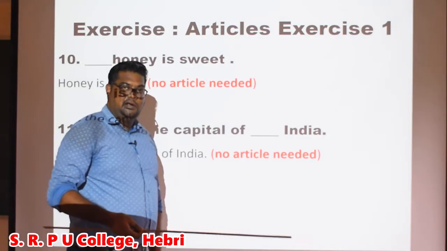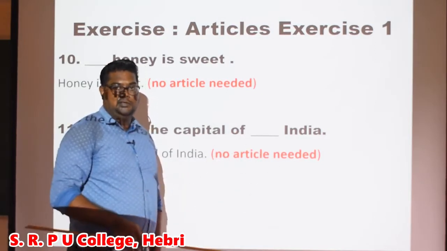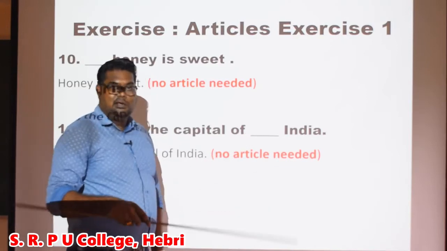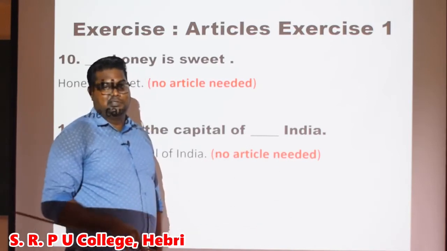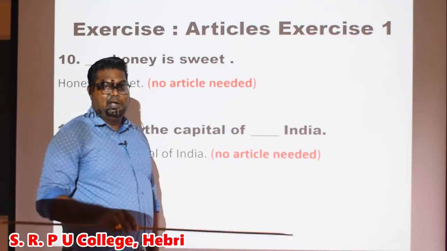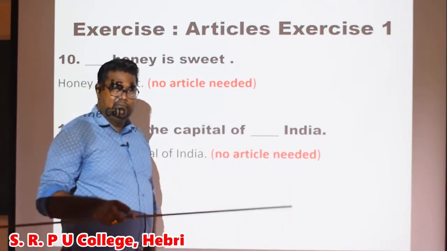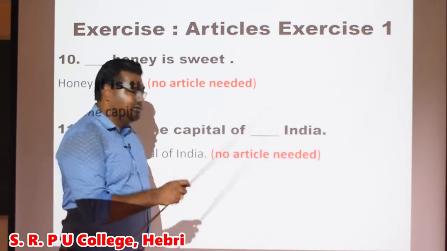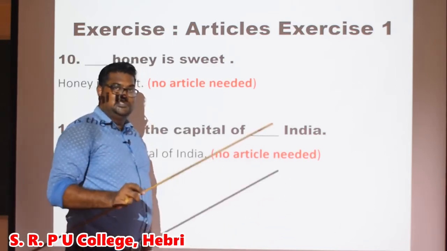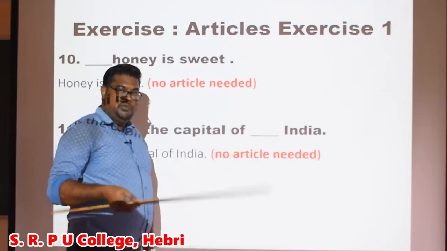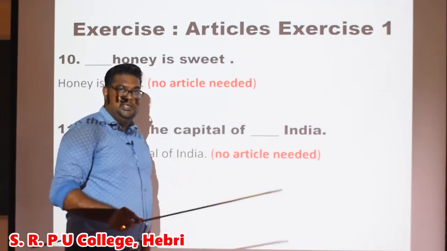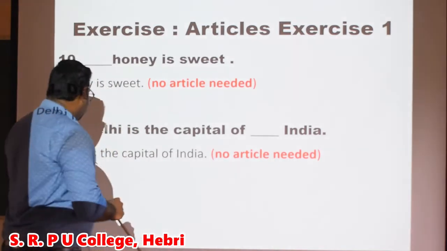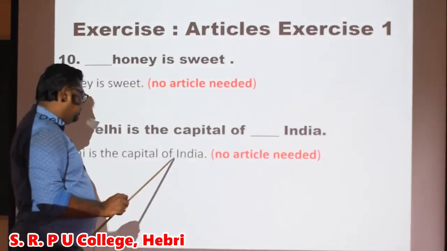Before a name of a country, we don't use any article, until and unless the name of a country has words like kingdom, republic, etc. Only when a country has names like United Kingdom or Republic, we use the. Apart from these words, before a name of a country, we don't use any article. So what is the answer? No need of using any article. The answer is Delhi is the capital of India.